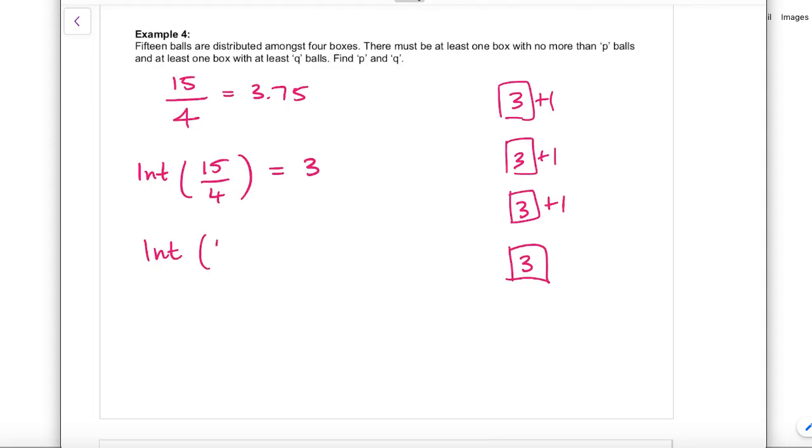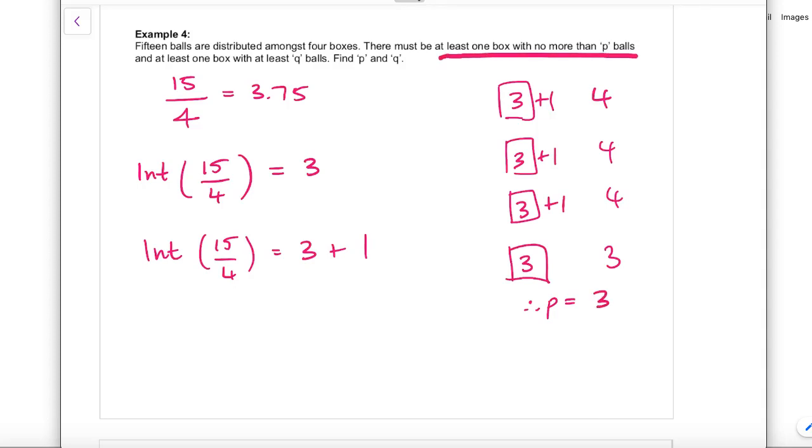And this is the idea of having the integer value plus 1 to show us that we could have at least 4 in at least one of the boxes, but no more than 3 in the other. So here we could say that P is worth 3 because that's one box with no more than P balls, and Q is at least one box with 4 balls.